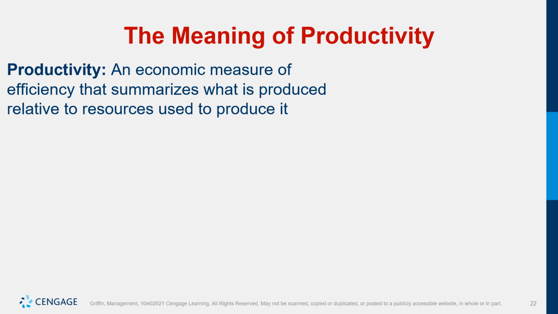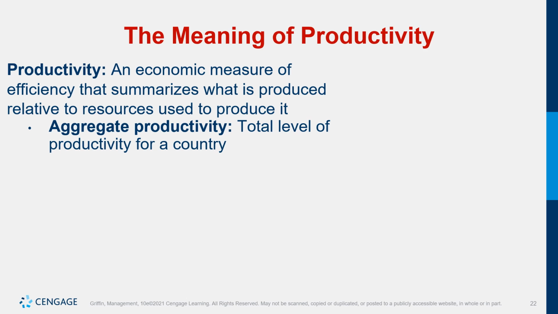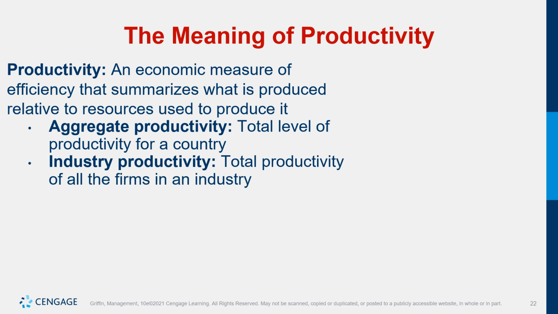Productivity is an economic measure of efficiency that summarizes what is produced relative to resources used to produce it. Levels of productivity are the units of analysis used to calculate or define productivity. These are aggregate productivity, which is the total level of productivity achieved by a country.